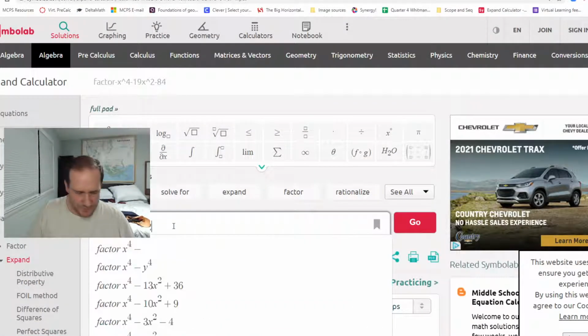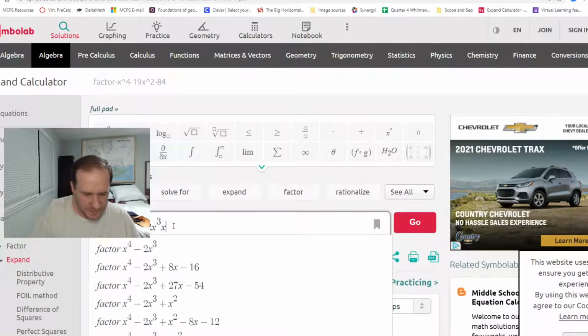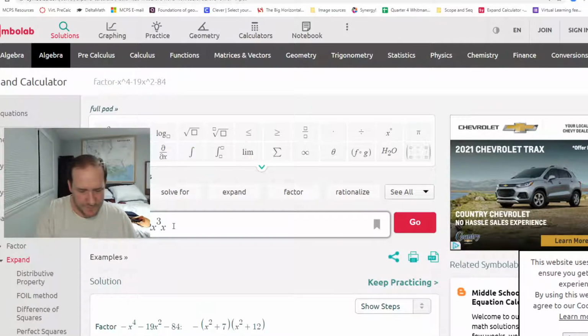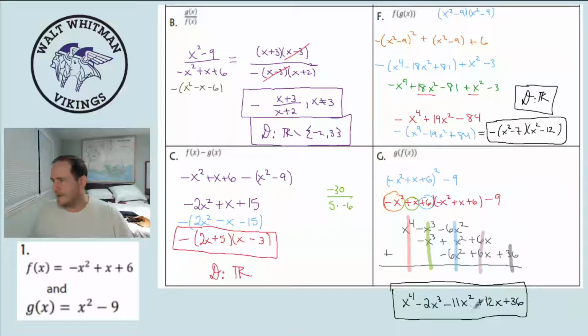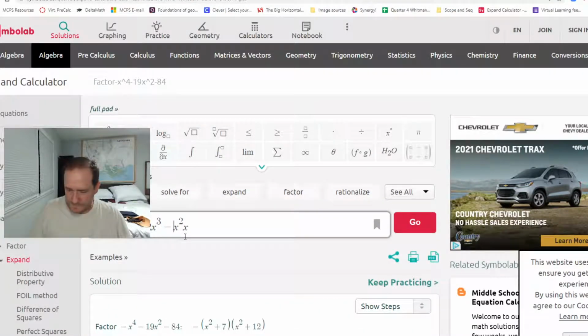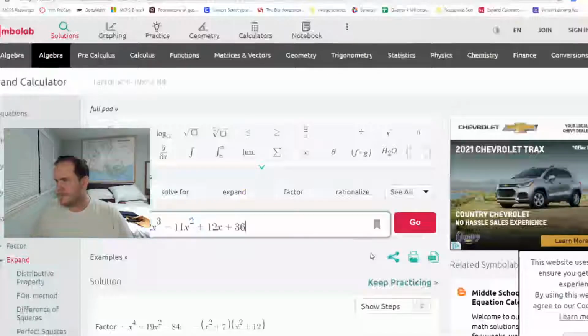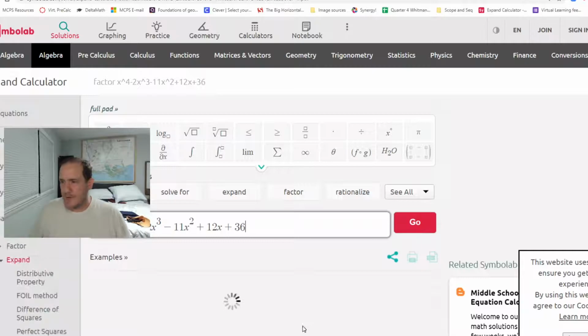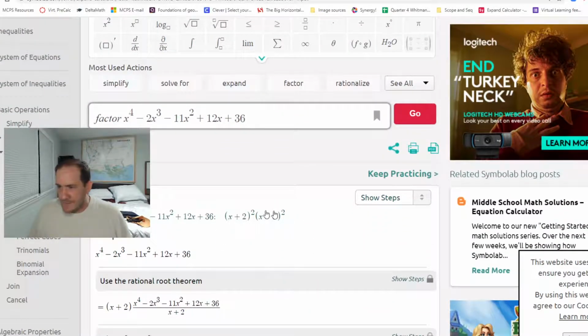Minus 2x cubed, x squared, need another x. What else is there? Minus 11x squared plus 12x plus 36. Okay, factor that. It can be factored. Interesting.